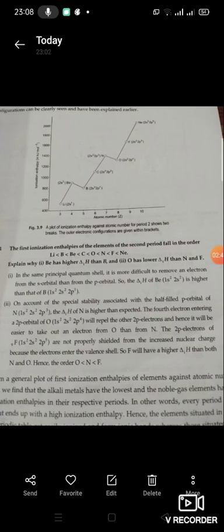Because, in the same principal quantum shell, it is more difficult to remove an electron from the s orbital than from the p orbital. So the ΔiH of beryllium, that is 1s2 2s2, is higher than that of boron, that is 1s2 2s2 2p1.